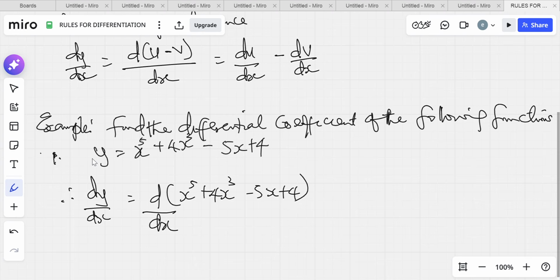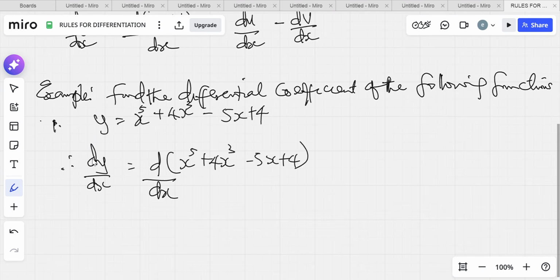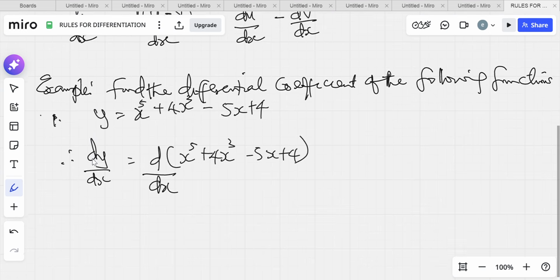This one is a sum, so we are going to be breaking it.